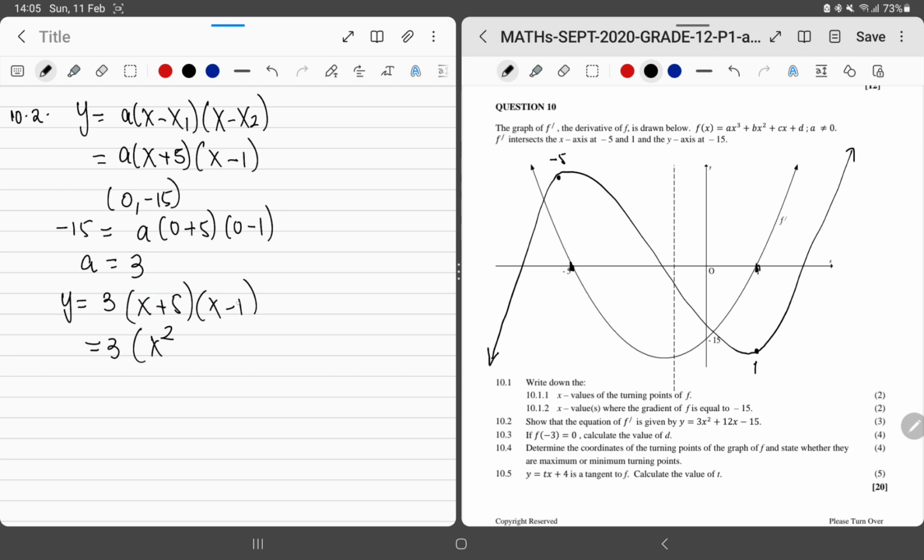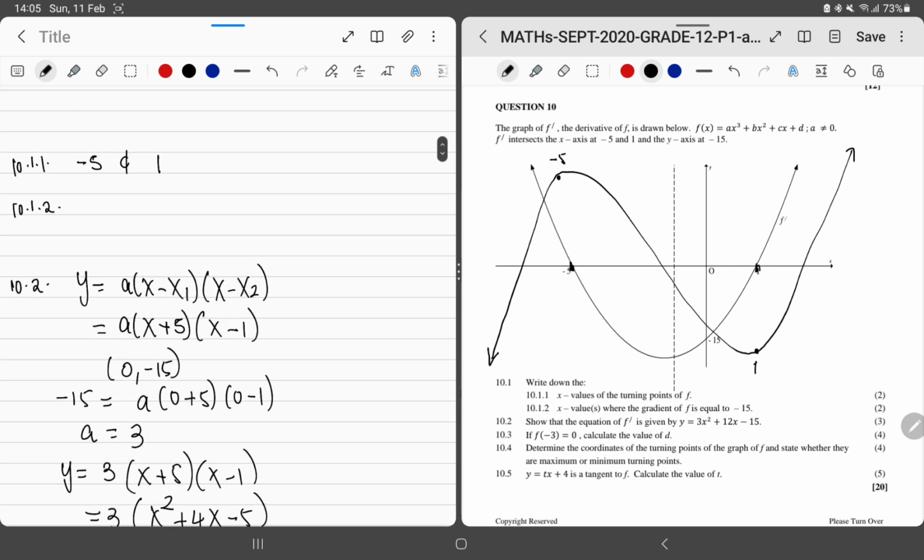This times that is a -1. So this is going to be plus 5x minus x, which is 4x. This is 3x squared plus 12x minus 15. So I have proven that.